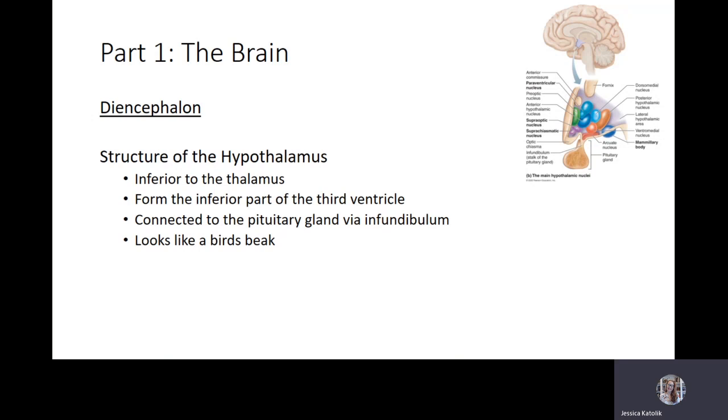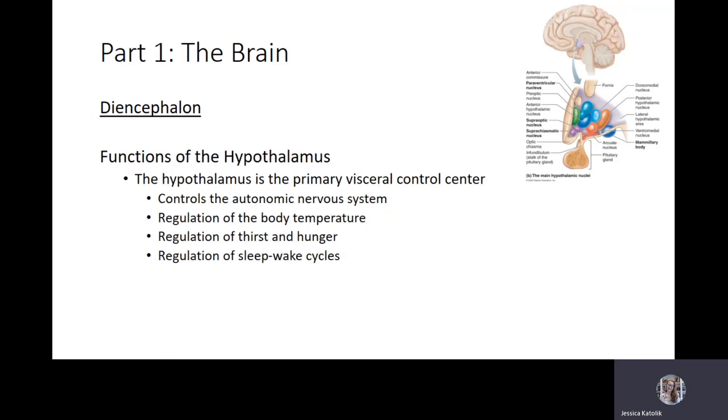So what does the hypothalamus do? Well, a lot. It's going to be the primary visceral control center. And so really it's going to play a huge role in controlling our homeostasis. Homeostasis is the internal dynamic balance that occurs in our body.